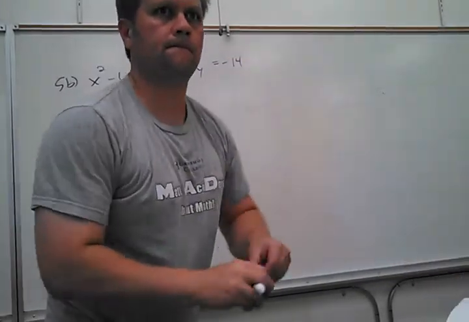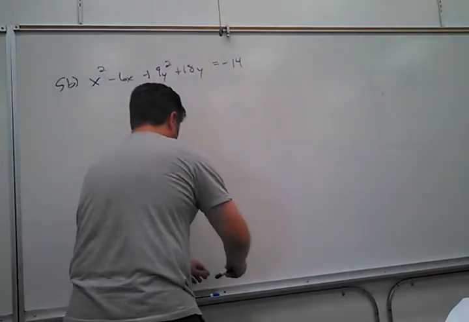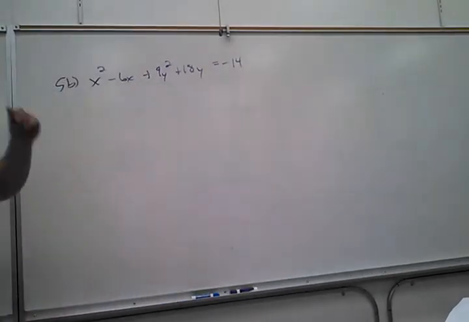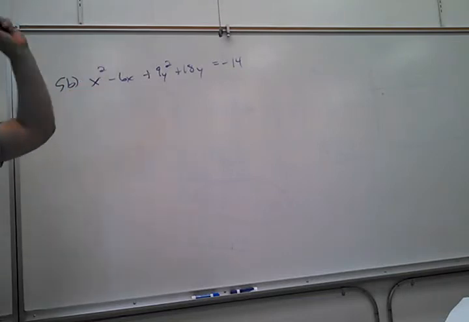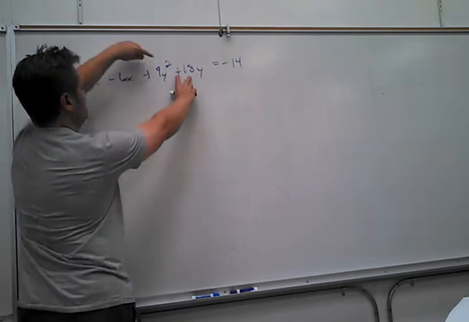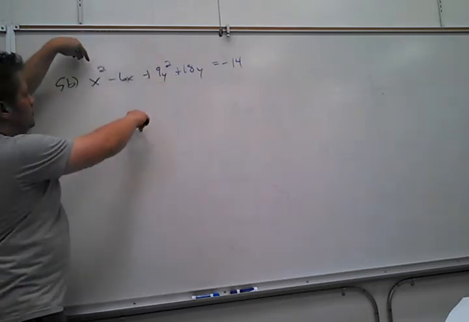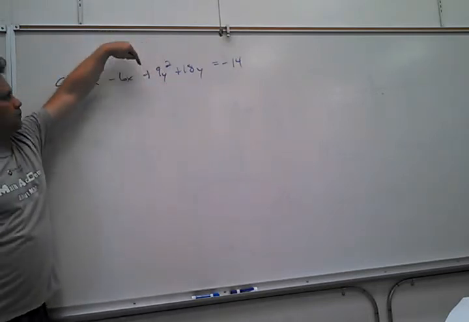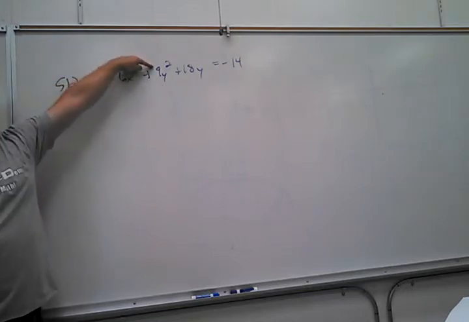Would you put something like that on the test? I could say identify this shape, and all I have to do is this to identify it, really. Because I know it's got x squared and y squared pieces, and these are both positive.